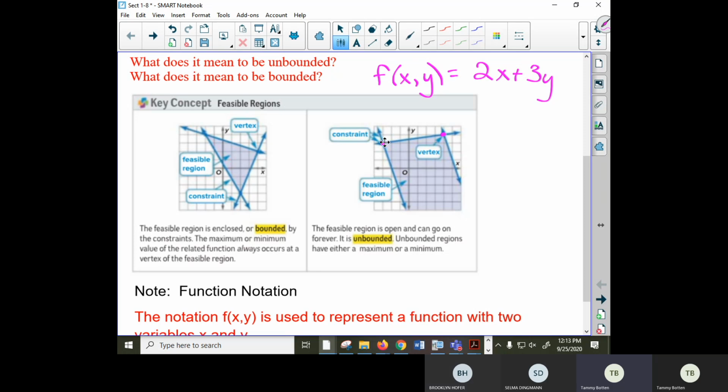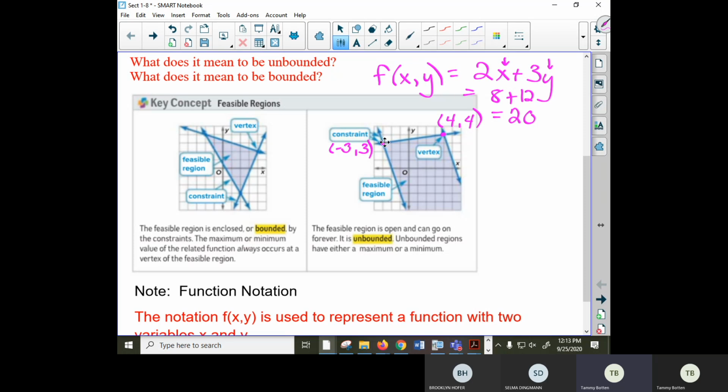And let's see, this is 1, 2, 3, 4, 1, 2, 3, 4. This is the point 4, 4. This is negative 3 up 3, so that's negative 3, 3. So what you will do is you'll put 4, 4 in here. You put 4 in for x, 4 in for y, 2 times 4 is 8, 3 times 4 is 12, and that equals 20, okay?